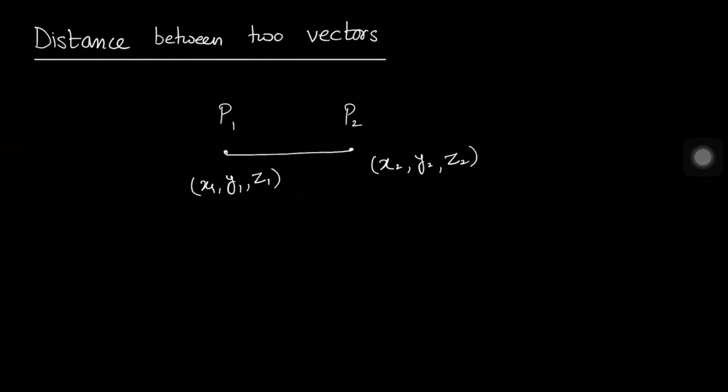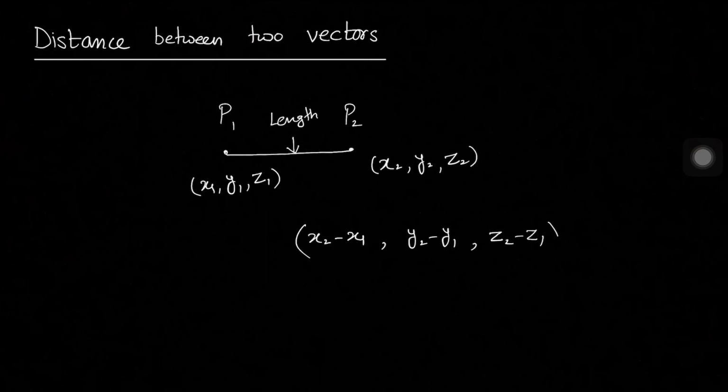Distance means we are finding the length of this vector. To find the length of a vector, you first find the vector components, given by x2 minus x1, y2 minus y1, z2 minus z1.